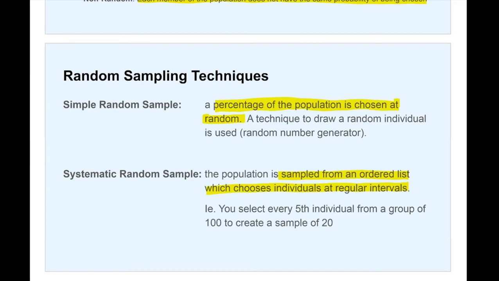This might be similar to, if you remember, in gym class where they had you line up, and then you did 1, 2, 3, 4, 1, 2, 3, 4, and so on. That's almost like a systematic random sample.